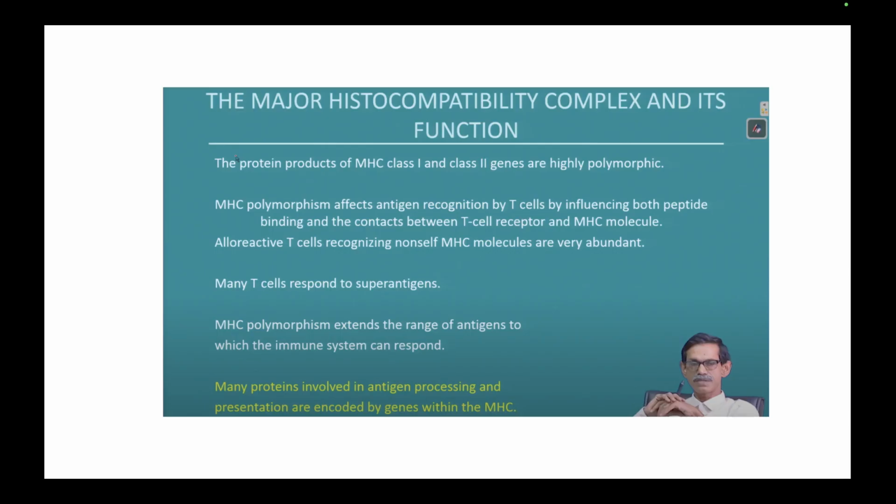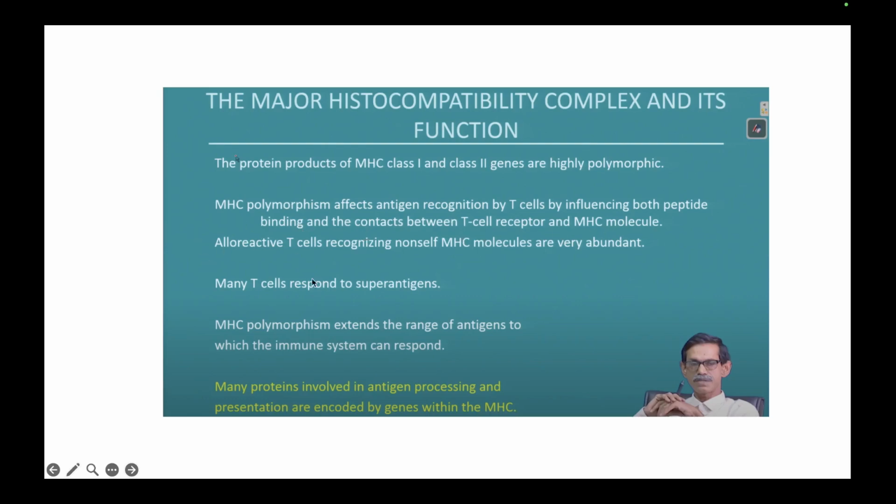To summarize, the protein products of MHC class 1 and class 2 genes are highly polymorphic. This MHC polymorphism affects antigen recognition by T cells by influencing both peptide binding and the contact between TCR and MHC.